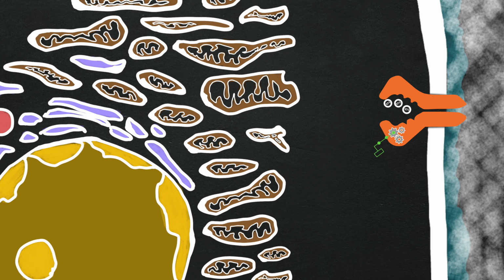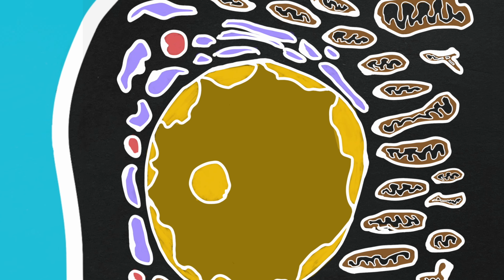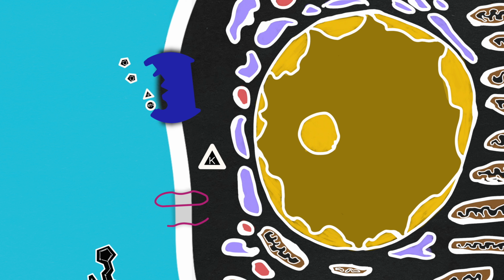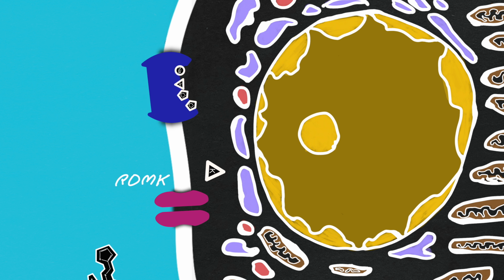On the apical membrane, we have the sodium-potassium chloride symporter. Most of the potassium that comes into the cell through the symporter is recycled back to the lumen through the ROMK potassium channels in the apical membrane.